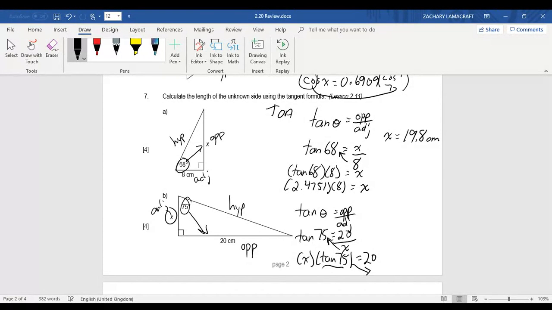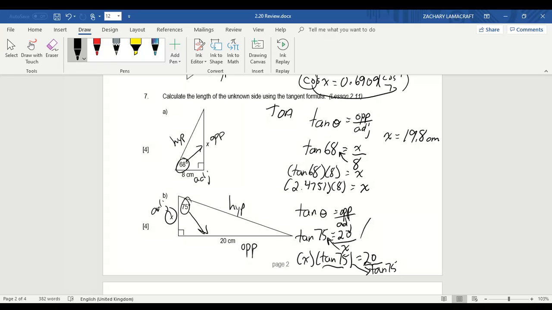When we bring it over to the other side, we have to do the opposite operation. So bracket beside bracket is multiplication. So when we bring it over to the other side, it becomes division. So it'd be 20 divided by tan 75.